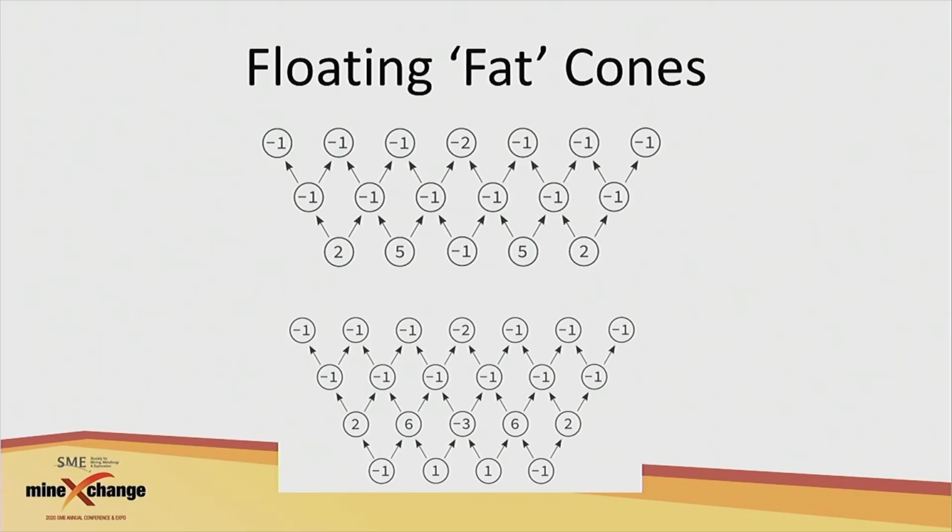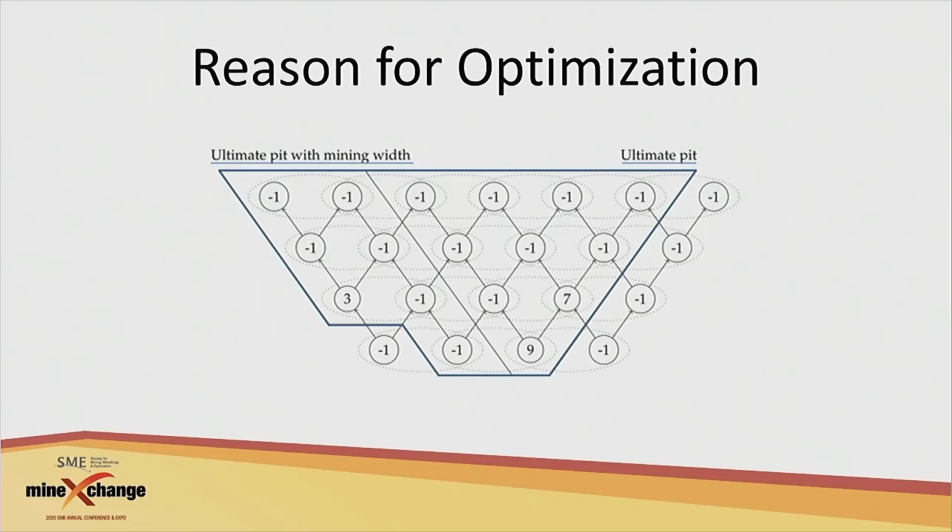Let's say we'll just make it a fat cone, right? It'll have a bottom, and then we'll float it around and make those choices. I'm not going to go through the examples in detail, but the point is that it's still a heuristic, and it still suffers from the exact same problems that floating cone did in the first place. So that's out too. Shouldn't do that, rather. I mean, you can do anything.